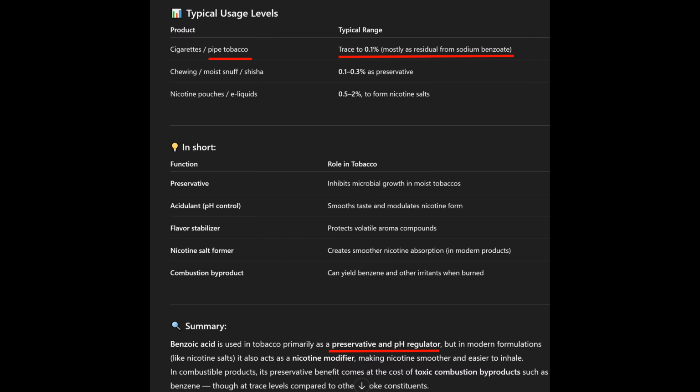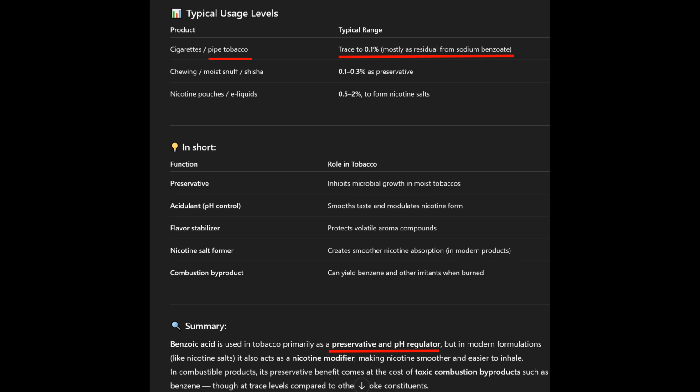Typical usage levels of benzoic acid. Here it says that in pipe tobacco it's traced to 0.1%, mostly as a residual from sodium benzoate.